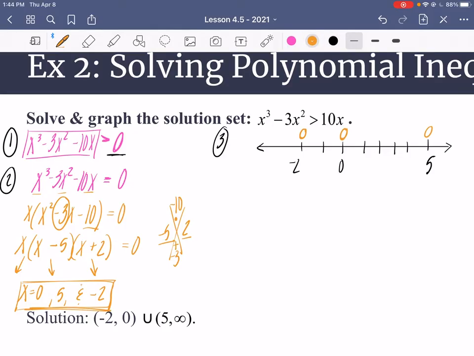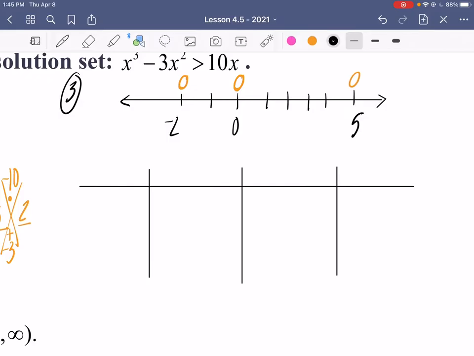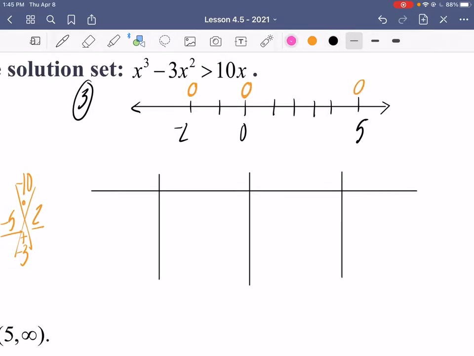And now when I create my table to test these boundary points, I'm going to have 4 intervals. So to the right of negative 2, in between negative 2 and 0, in between 0 and 5, and then to the right of 5. Okay, and I like to make my table or set it up right below the number line. That way I can really easily see the intervals that I'm looking at here.